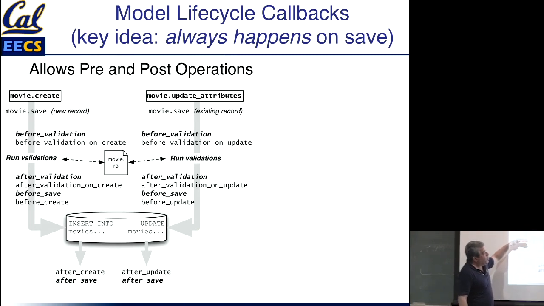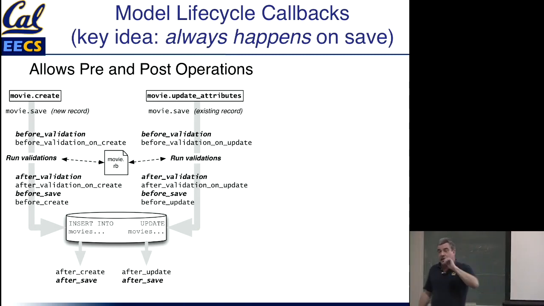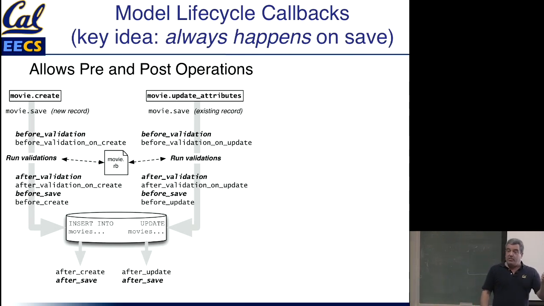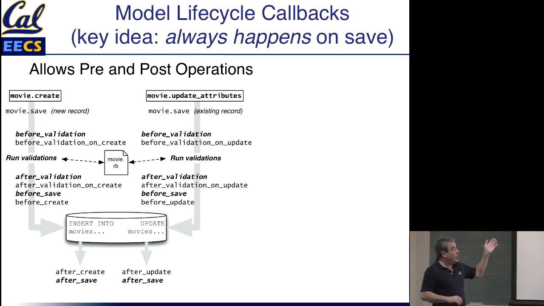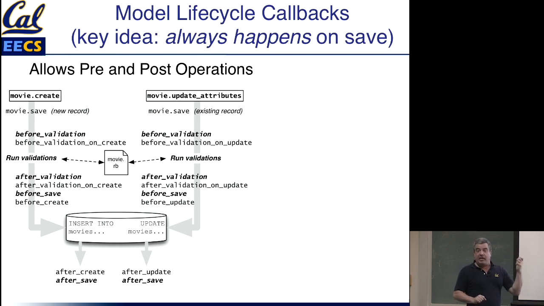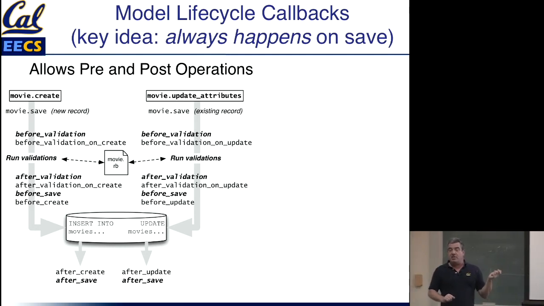If you remember way back to when we introduced Active Record, there was the idea of calling save, or you could call save bang. When you created a new object, you could call create, or you could call create bang. Now you have some context for what's going on there. When you call save and it returns nil, or if you call save bang and it raises an error, usually it's because one or more of the validations didn't pass.